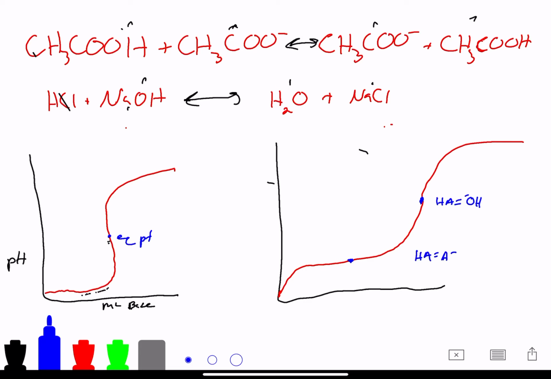But what you have here is a smaller curve, and this area here is called the buffering region. This is the region where it would resist pH change. Once you get outside this region, you've used up all of your buffer, and your pH would shoot up.